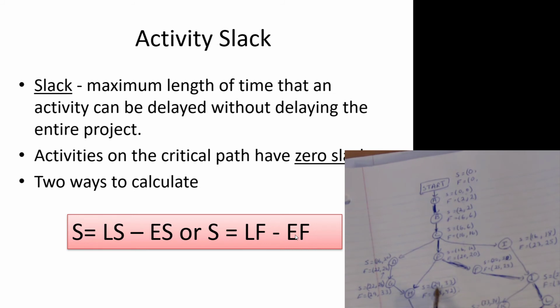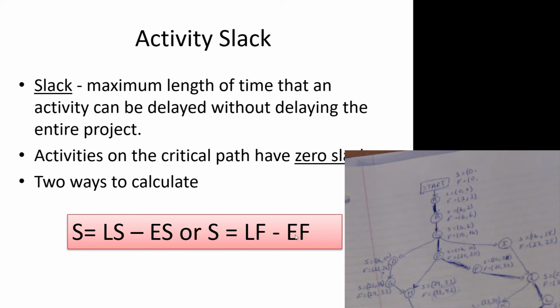Activity H can be delayed up to 4 weeks before it becomes part of the critical path, and thus any further delays will delay the entire project. So we can have our hypotheticals. Okay, so there's a problem with H. It took a little while for H to develop. What was H? Exterior painting. So the painters have been delayed, and they got another job that went a little bit late, and they want to know, can we come a little bit late?